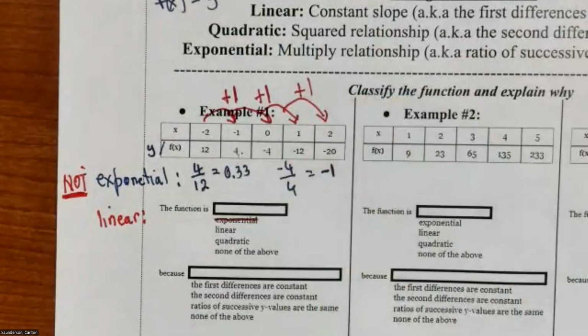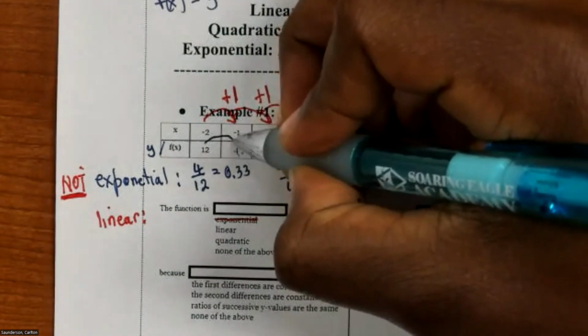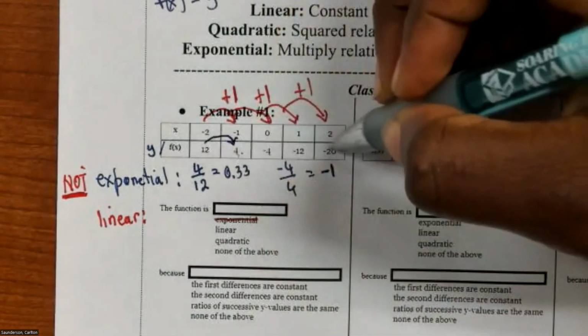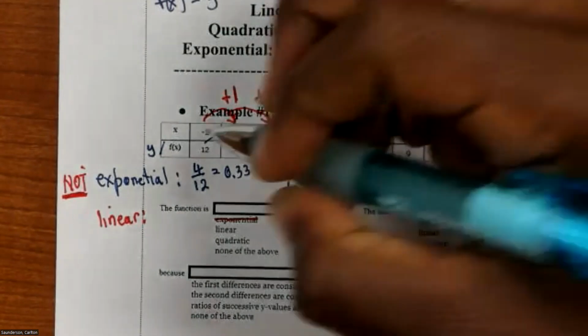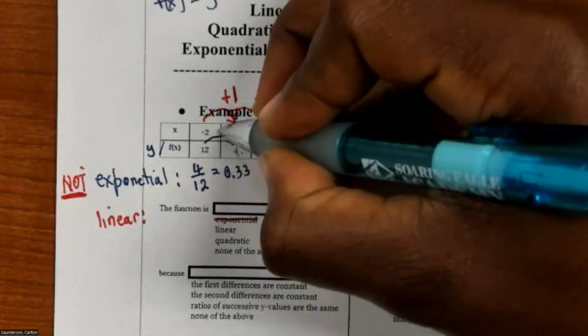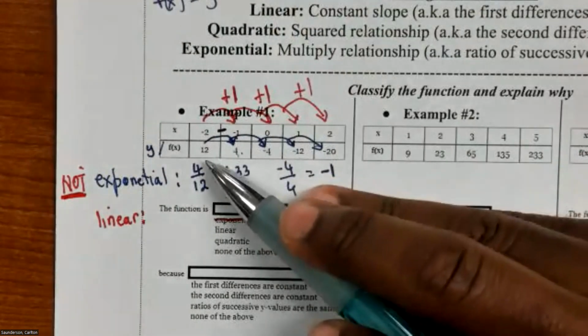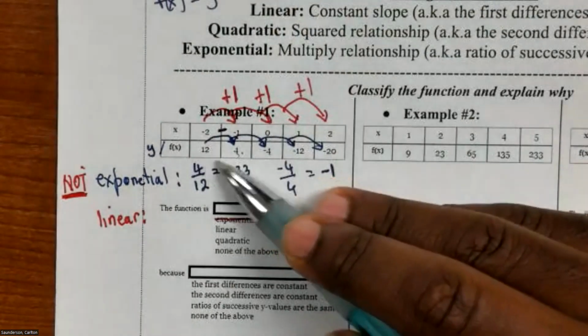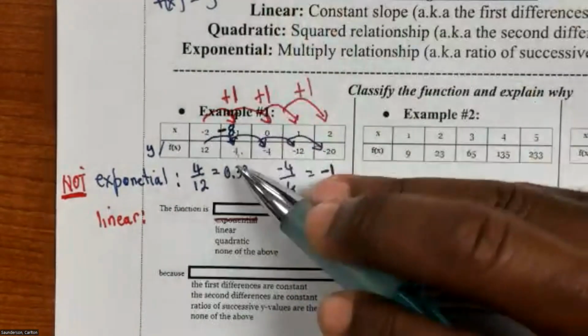But when I look at my y values, they were also changing. These were actually decreasing because they were getting more and more negative. Because they were decreasing, that means we were subtracting. But how much were we subtracting by? Here 12 was being subtracted by 8 to get that 4.